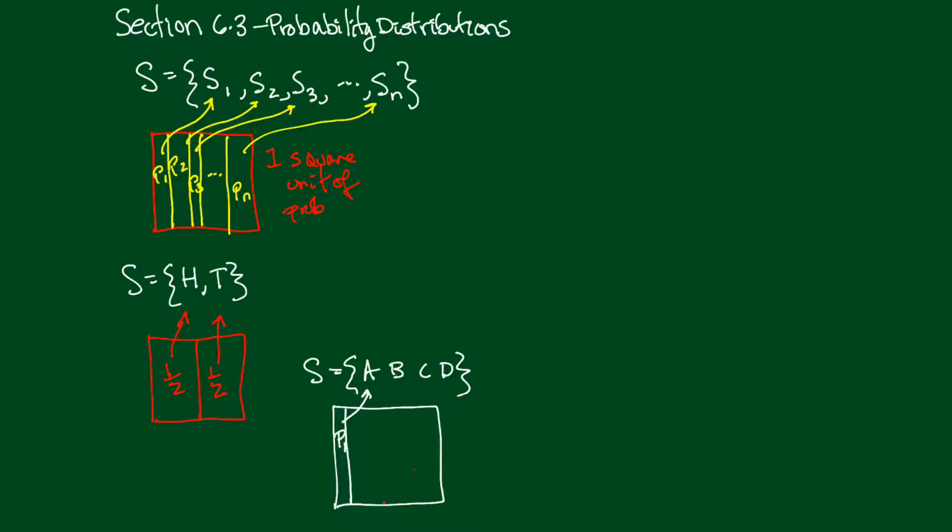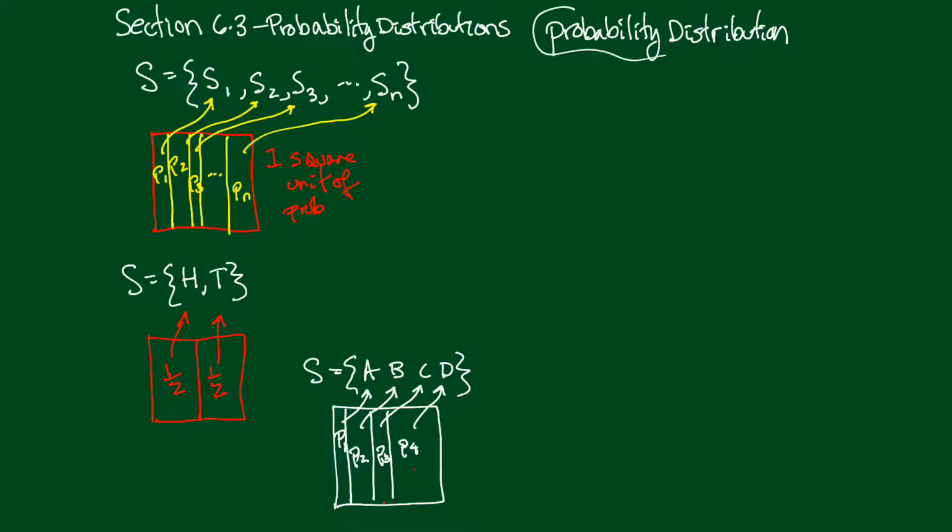And then maybe B might be this much right here, P2. That goes to B. The probability that B occurs is going to be this number right here. And then the probability that C occurs is maybe this amount right here. Maybe that's P3, that would be the probability for C, and then P4, that would be the amount for D.